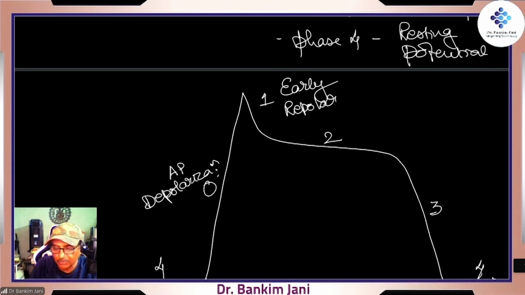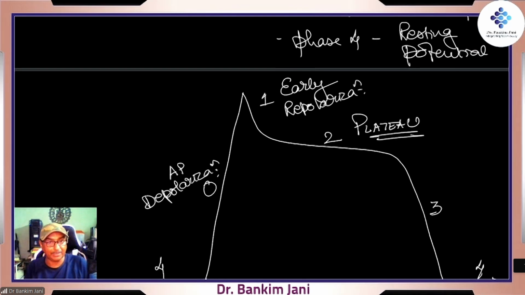That means it has started going down, but then this comes into picture, a flattish line. This is what is called the plateau. So a plateau is formed. And because this was early, there has to be someone late. So this is called the late repolarization.